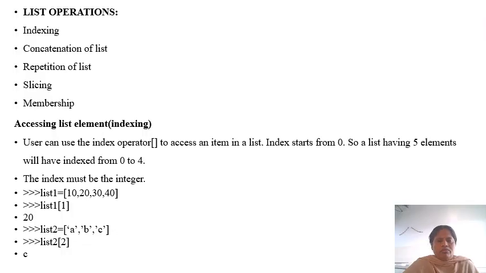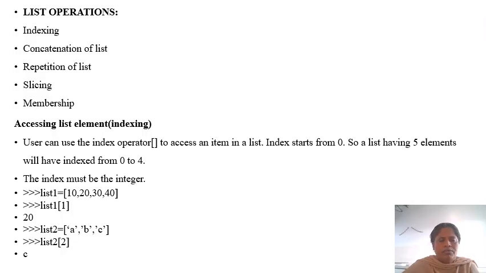What is accessing list elements? We can say that it is indexing. Accessing means whenever we need any value from the list, we are able to access it. How are you going to access list values? Using indexing. Indexing means the value is stored at a particular position.